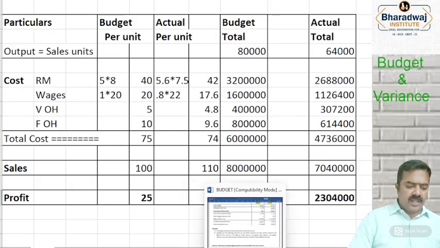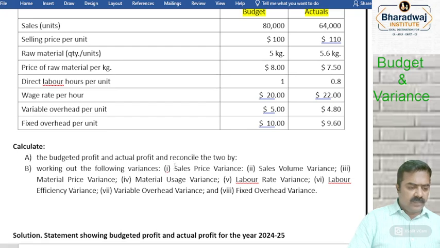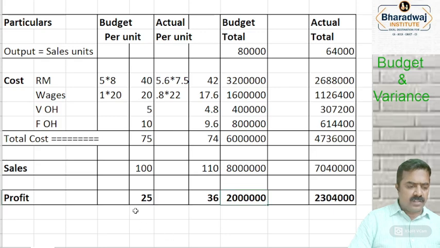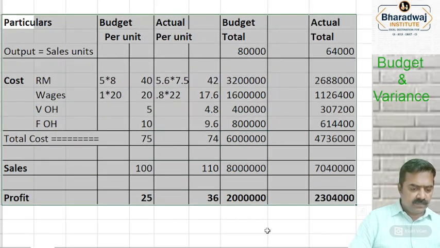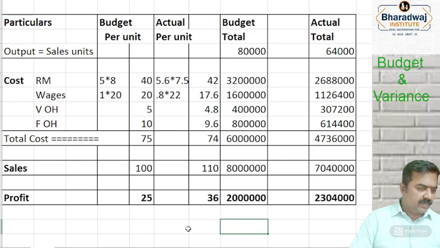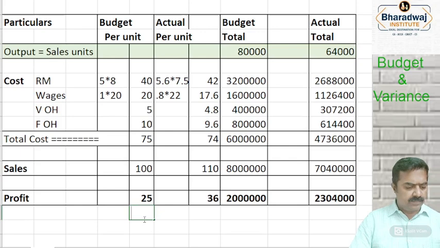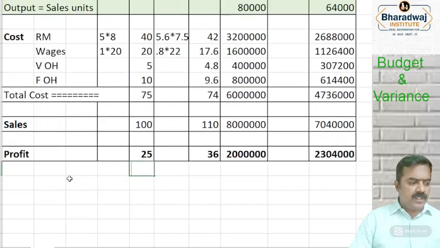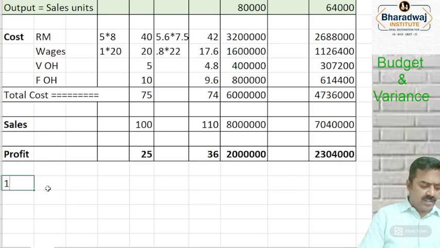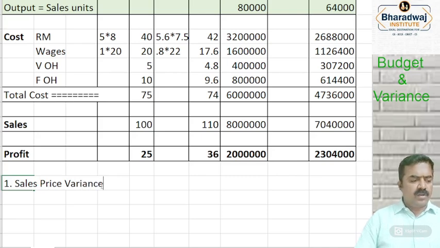First, which variances do they ask for? Sales price variance, then sales volume variance. We'll proceed first with sales variances. For the sales price variance there are two methods of working.